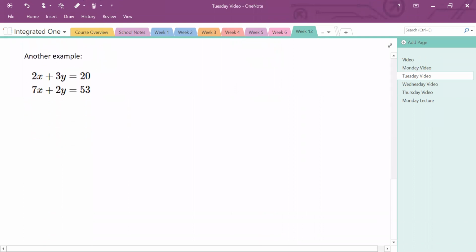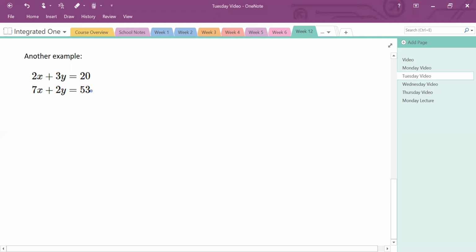So here's another example. I have 2x plus 3y is equal to 20, and 7x plus 2y is equal to 53. What numbers do I want to multiply by so I can eliminate either the x's or the y's? There's a couple ways we can do it.